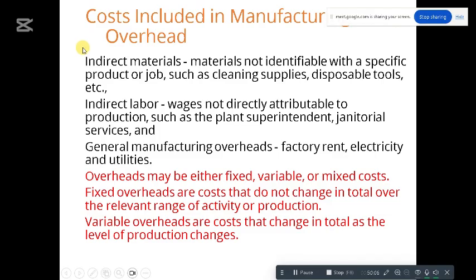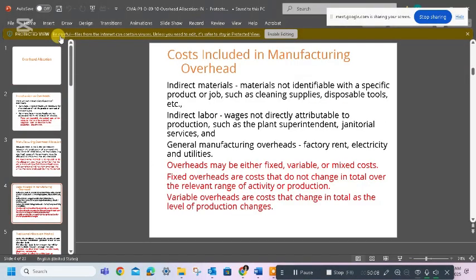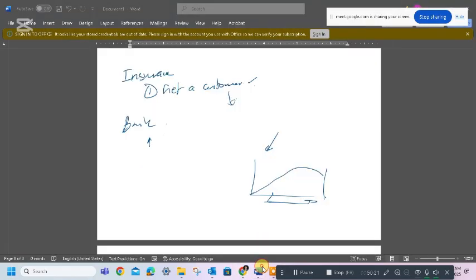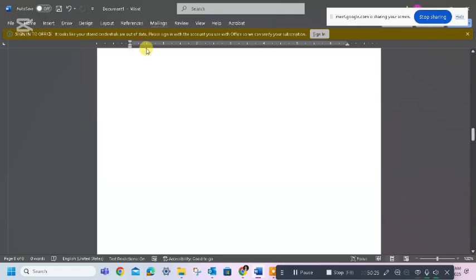Like when we say cost of a product, we say material, labor and overhead, manufacturing overhead. This is what you call manufacturing cost.